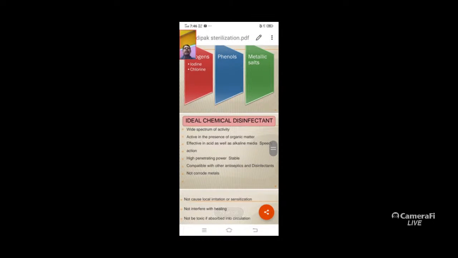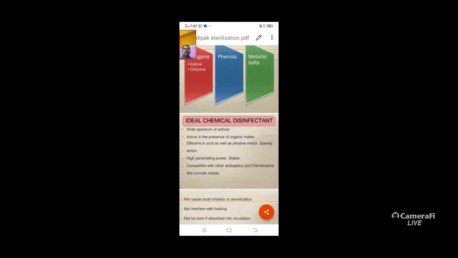Ideal properties of disinfectants. What are the ideal properties of these disinfectants? Number one, a wide spectrum of activity, meaning they are active against gram positive and gram negative organisms. Active in the presence of organic matter, not only on inanimate objects but also on animate objects.